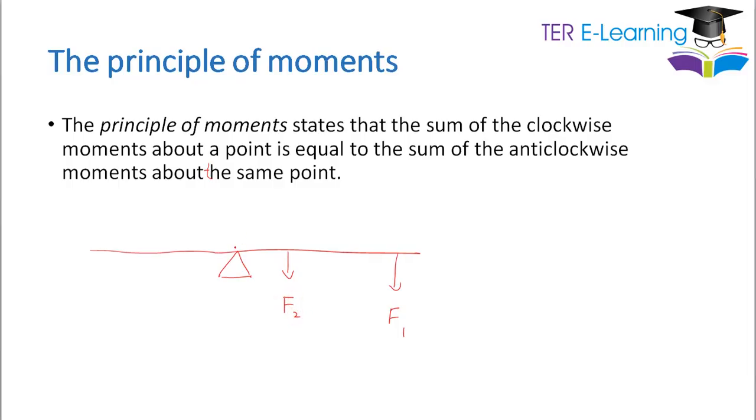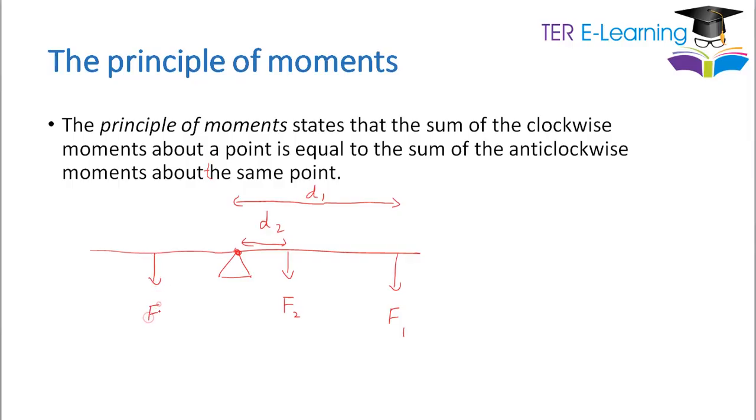Now this is my pivot here, and let's call this distance here D2. And let's call this distance from here to here, that's from the pivot to F1, D1.